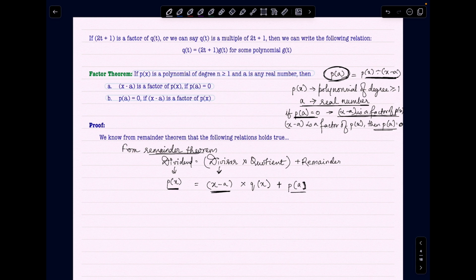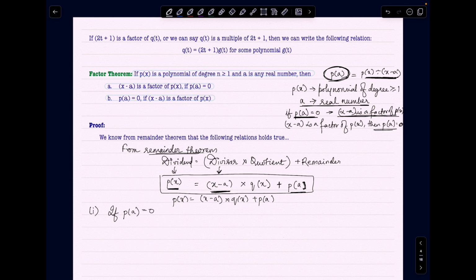You got my point? So this is the relation. From the remainder theorem we have found this relation. We can write p of x equals x minus a into q of x plus p of a.